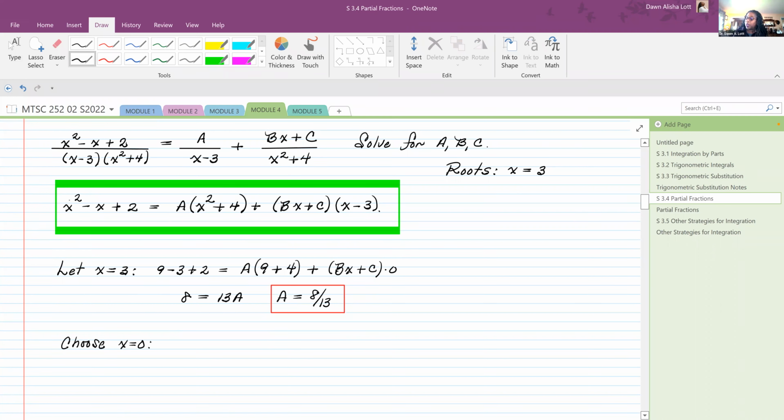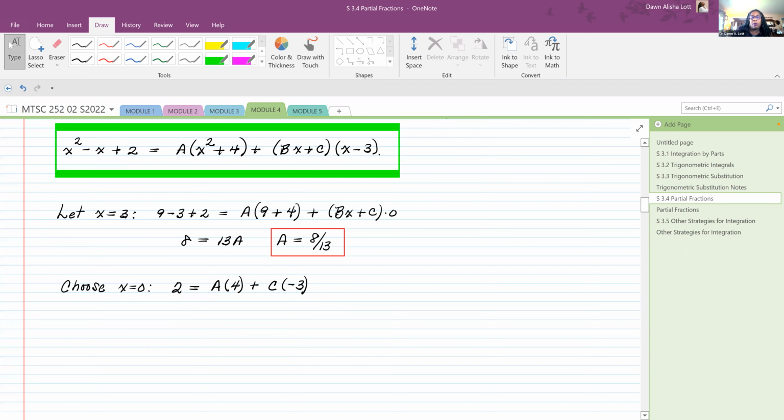And so when we do that, we get 0 minus 0 plus 2 is equal to A times 4 plus, and then the B times 0 is going to be gone, so I'm going to get C, and then I'm going to get times -3.